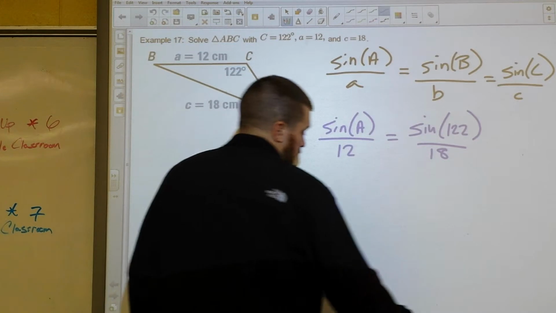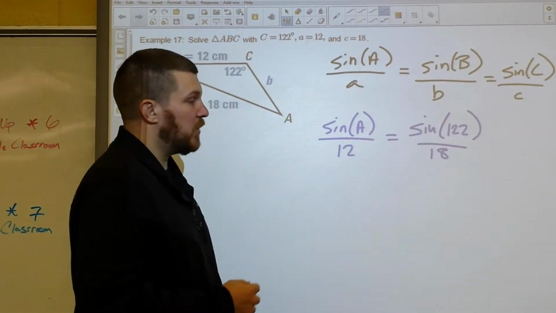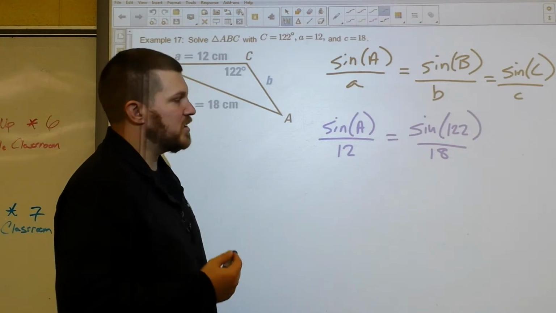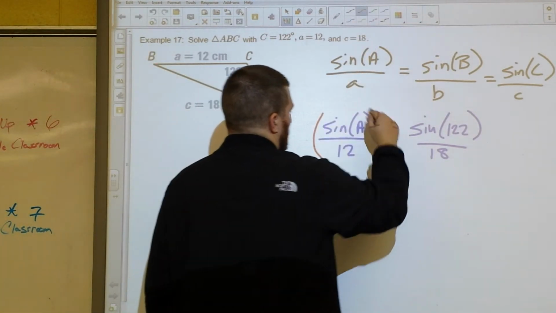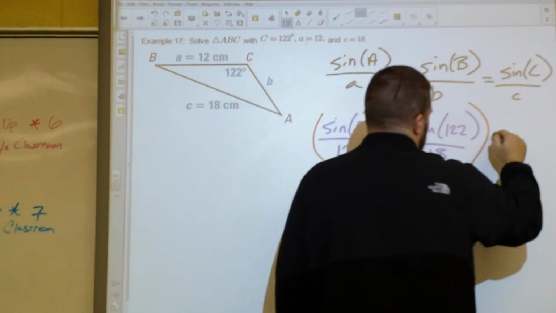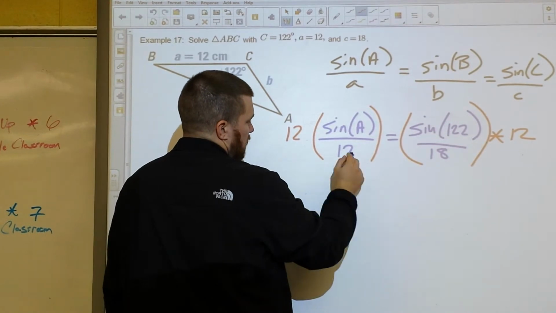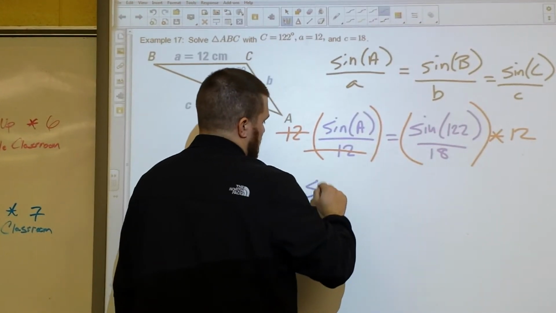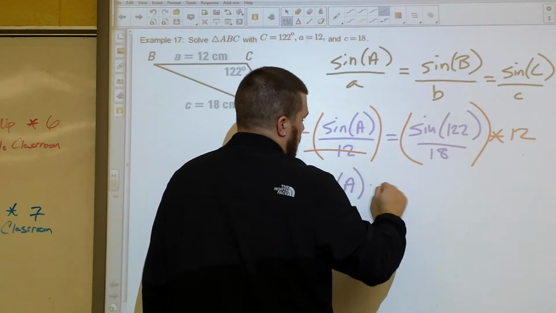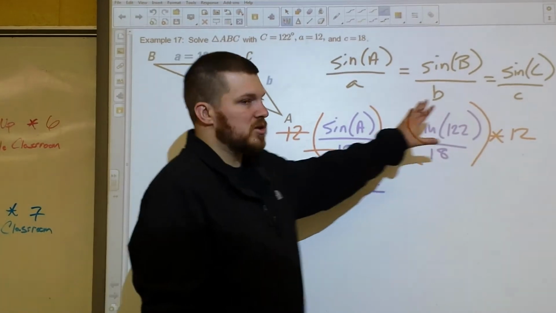Now what I want to do, first step, is to get sine of A by itself. I'm not solving for sine of A, but that is my first step, to get that piece by itself. So what I need to do is to multiply both sides of my equation by 12. The 12s are going to cancel out on the left-hand side, and I'm just left with sine of angle A is equal to all of this mess. I'm going to go ahead and turn this into a decimal.